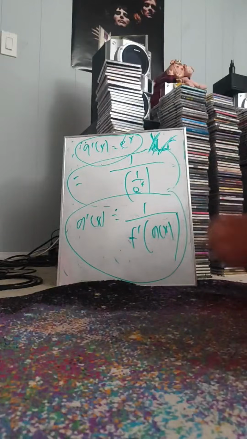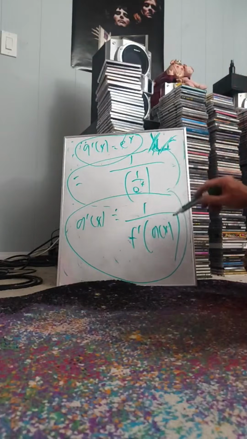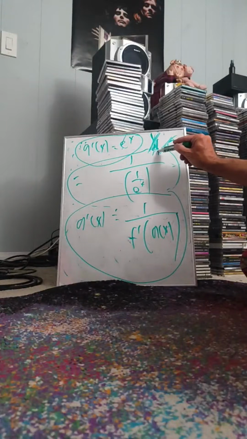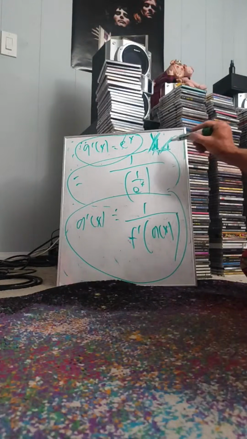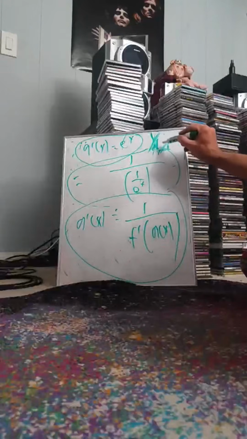So what do I have here? This was f prime g of x. This is g of x.